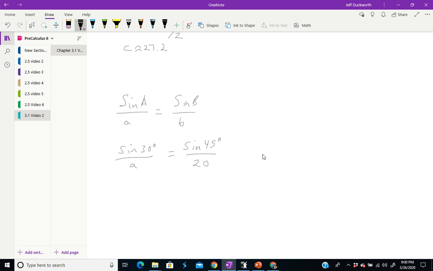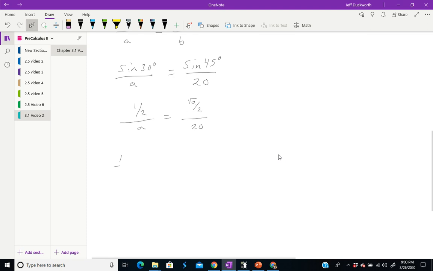And I'm going to solve for these things first. So at 30 degrees, that's actually 1/2. So sine of 30 degrees is 1/2. And this is, again, root 2 over 2, sine of 45. And we have 20. So we can cross multiply.